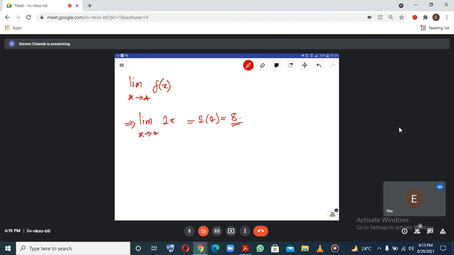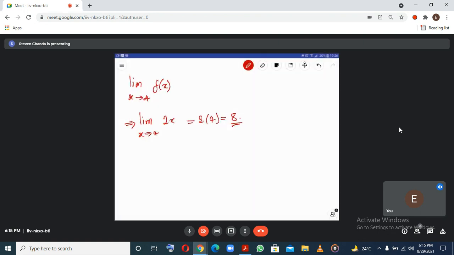Now, why is this interesting? It looks easy for this one because it's a simple function, but it's important for your understanding because you see that you're just trying to say what value my function is going to have as my x values are approaching 4. That's an important point to take note of.